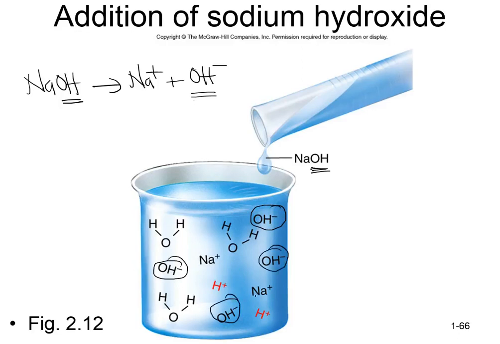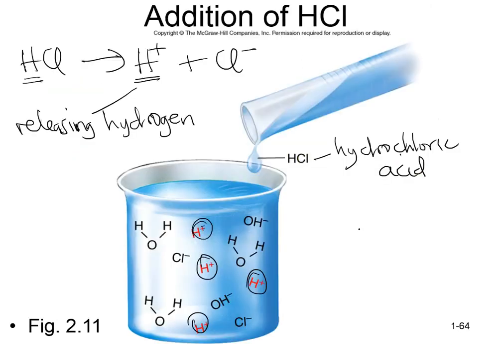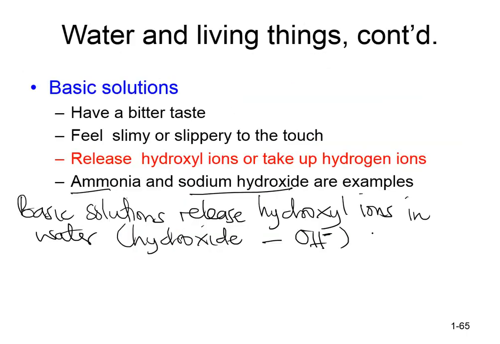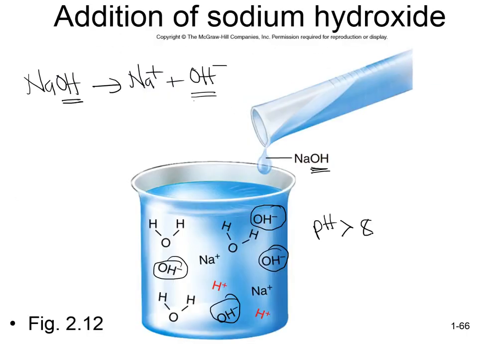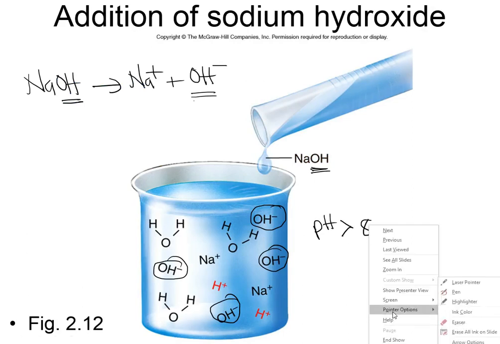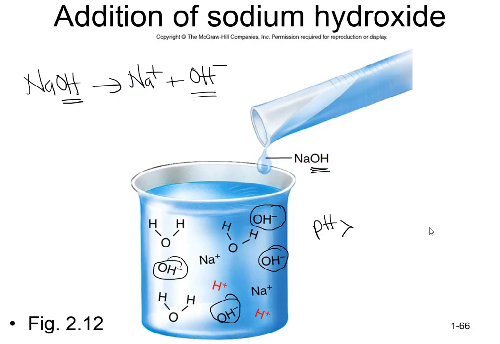The more OH we have, the more basic the solution. So this one will have pH greater than 7. If we go back to the acid, this one has pH less than 7. Earlier I said greater than 8, but it should be greater than 7, not 8.